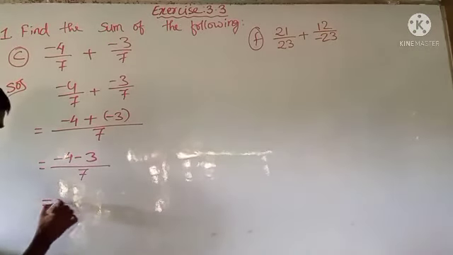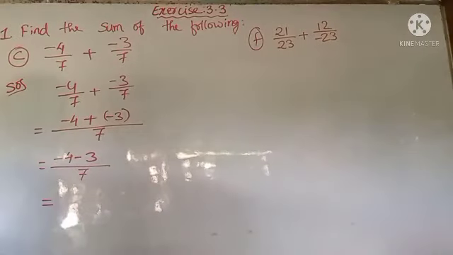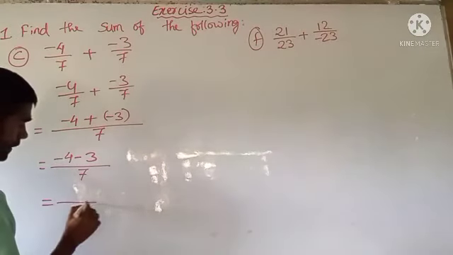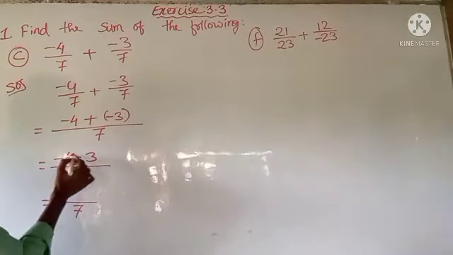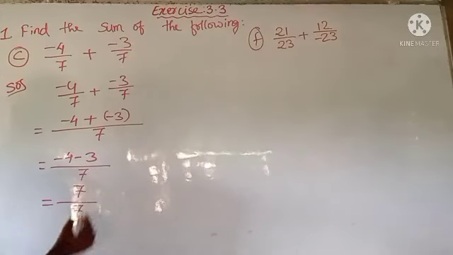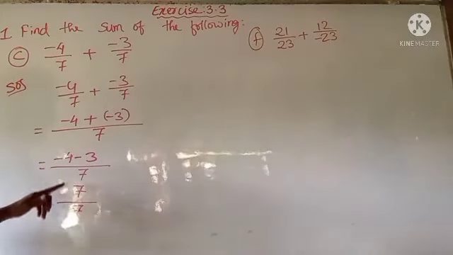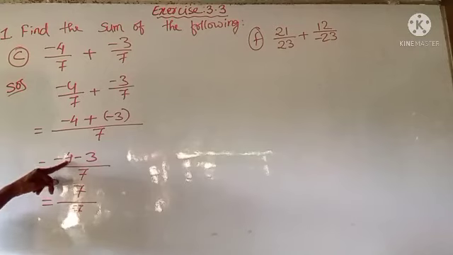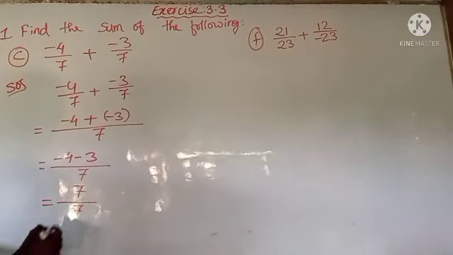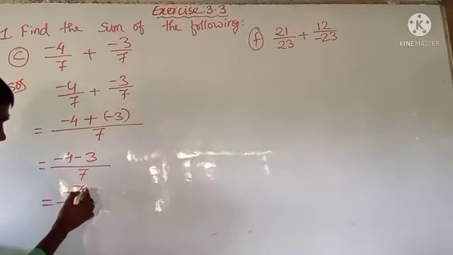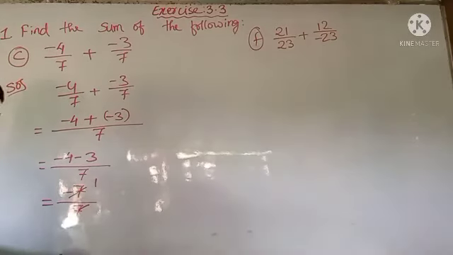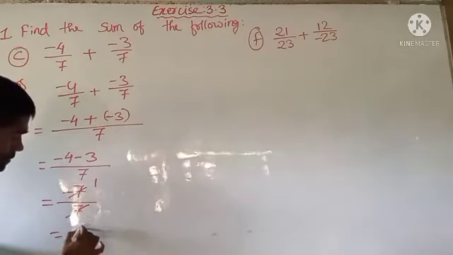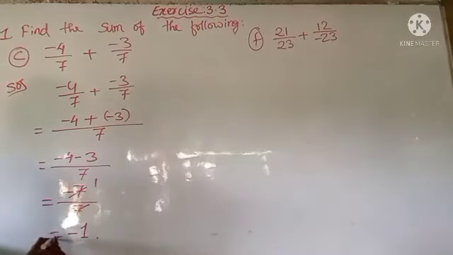Now 4 and 3 we will add them. So 4 plus 3 is 7, and the sign of the greater integer we write here. The greater integer is 4, whose sign is minus, so we write minus here. 7 and 7 we can cancel. 7 one time is 7, so here we get minus 1 as the answer.